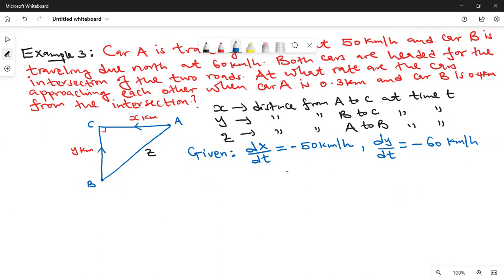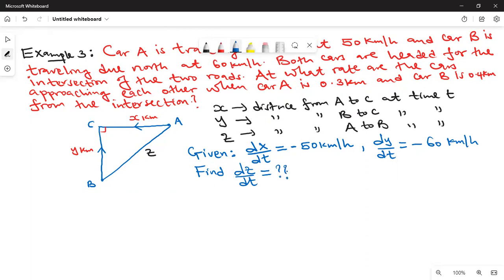So we are required to find, because we are told at what rate are the cars approaching each other when A is 0.3 kilometer and B is 0.4 kilometer from the intersection. So we need to know dz/dt. We don't know this. That's what we need to find.